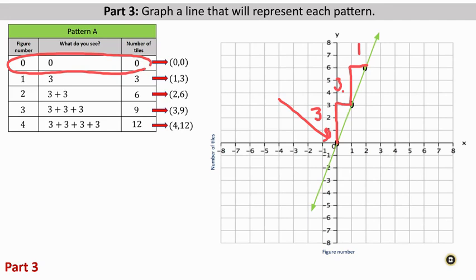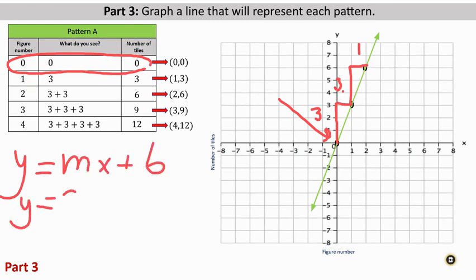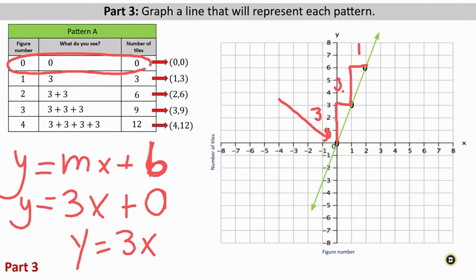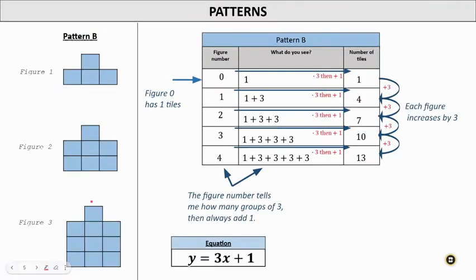So this is basically a review. Remember, y equals mx plus b. In 3x plus b, my y-intercept is 0. That's why in my equation it is y equals 3x. This is basically a review, and we already know this.